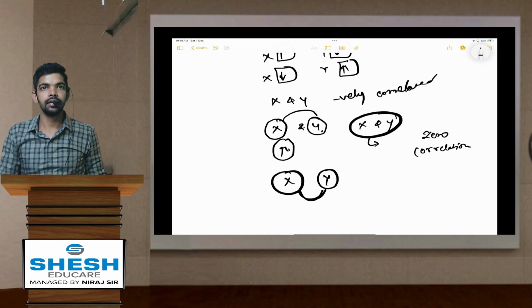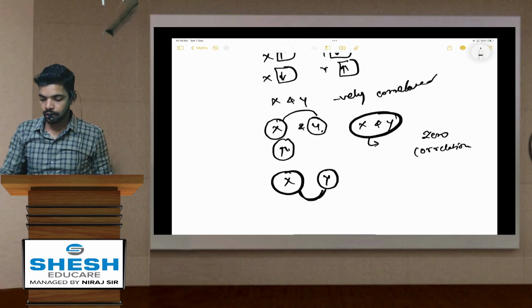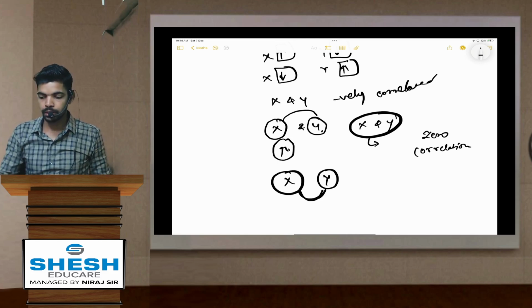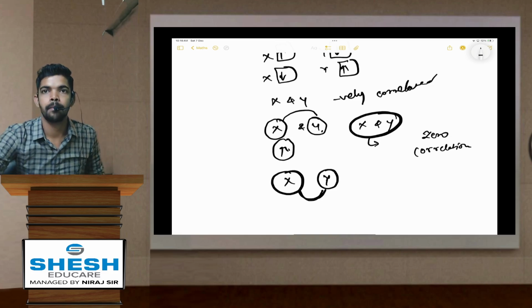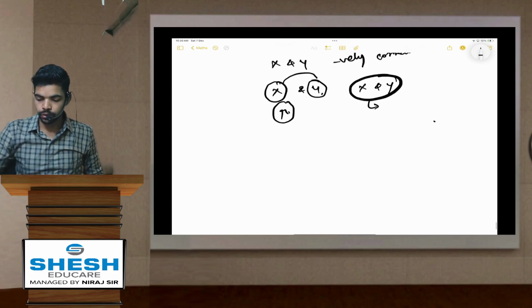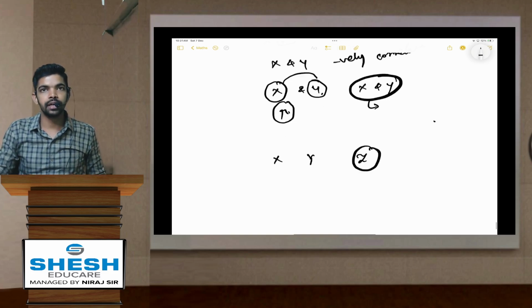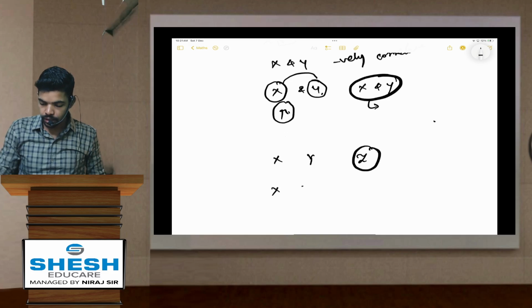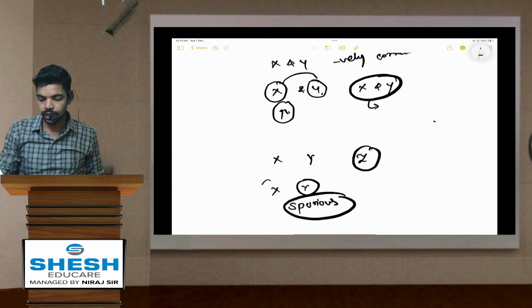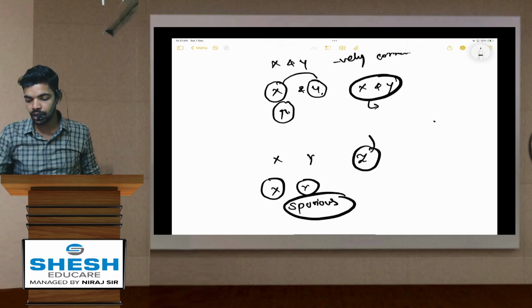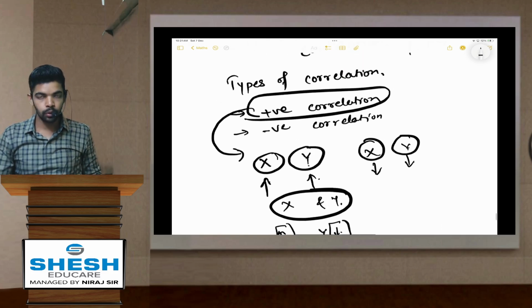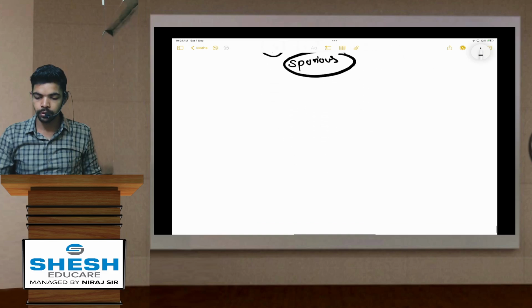Both x and y are increasing or decreasing due to this third factor z, so we say there is spurious correlation between x and y. So these are basically the types of correlation: positive correlation, negative correlation, and spurious correlation.